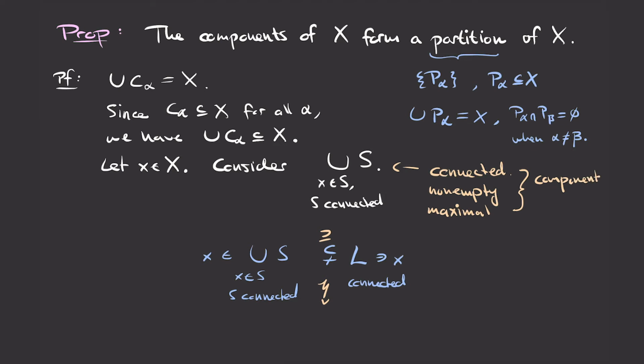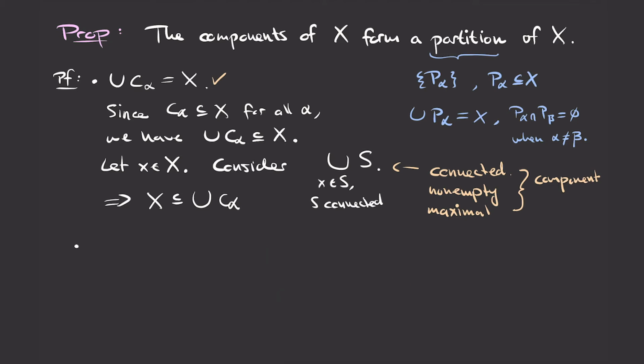And so we found a component that contains our point X, and this shows that X is contained in the union across all of these components of X. So this concludes the part of the proof where we show that the union of all components is equal to the entire space. Next, we'll show that distinct components need to be disjoint.